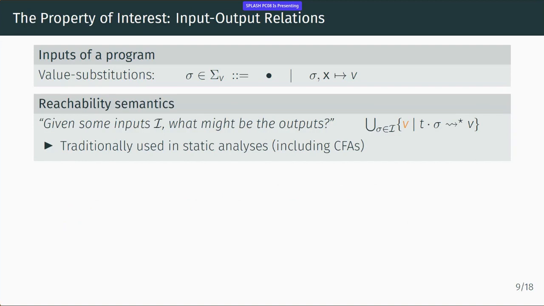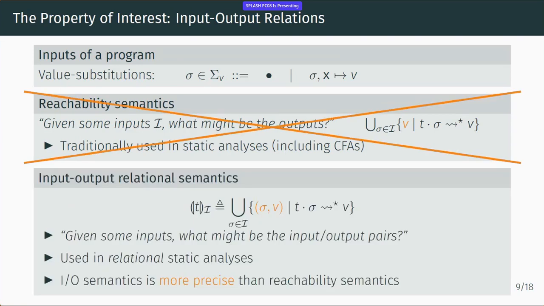Then we could use a standard reachability semantics for it, which says: given a set of inputs, a set of substitutions, which are the values that will be produced. This is what is traditionally used in static analysis, including control flow analysis specialized for higher-order programs. But this is not what we are going to use today. We are going to use a finer semantics that keeps the relation between inputs and outputs.